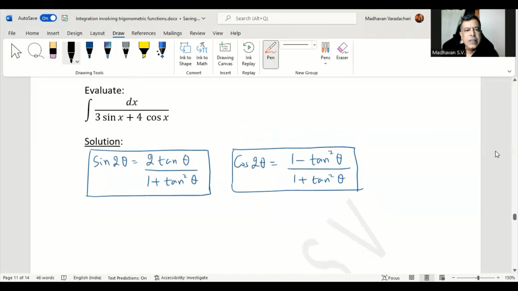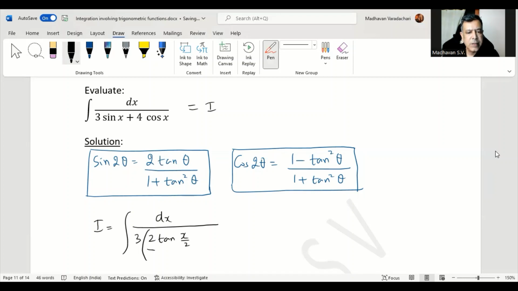In which case, let us consider this as I. So I will rewrite this I as integral dx divided by 3 times 2 tan, here it is sin x instead of sin 2x, so I will have to rewrite it as x by 2: 2 tan x by 2 divided by 1 plus tan square of x by 2.